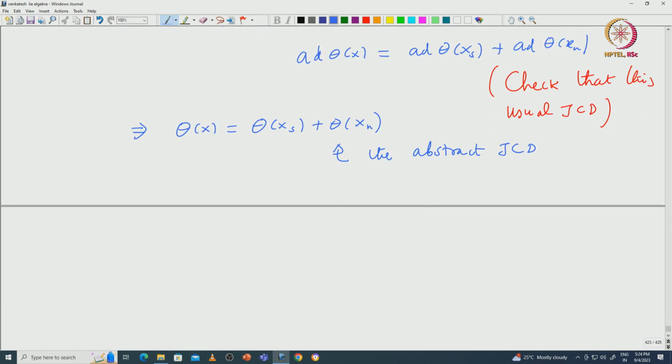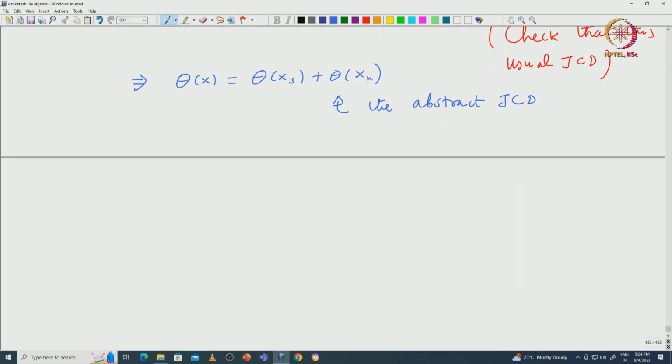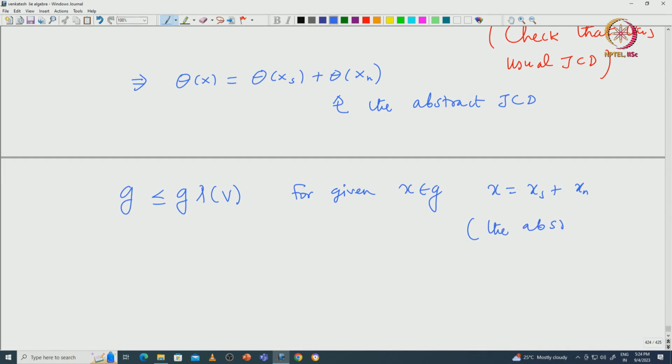So, now this tells us that if we have G being a subalgebra of GL of V, then for given x in G, if x equal to xs plus xn is the abstract Jordan decomposition, and if it coincides with the usual Jordan decomposition, then we are done.